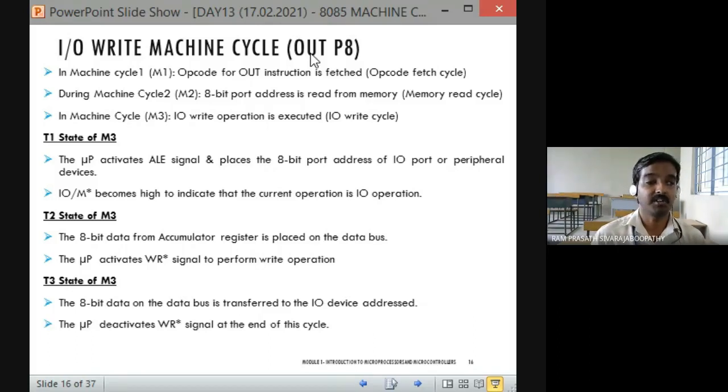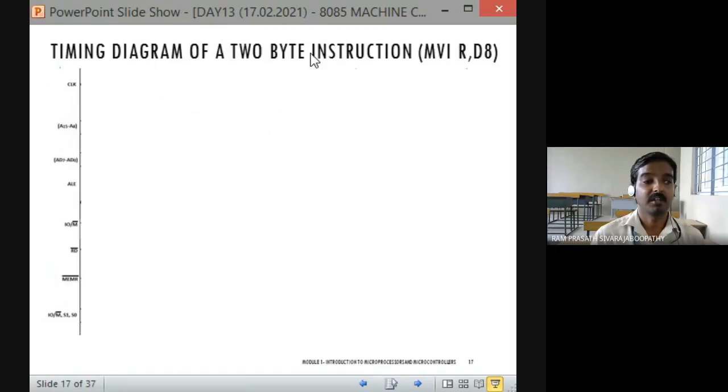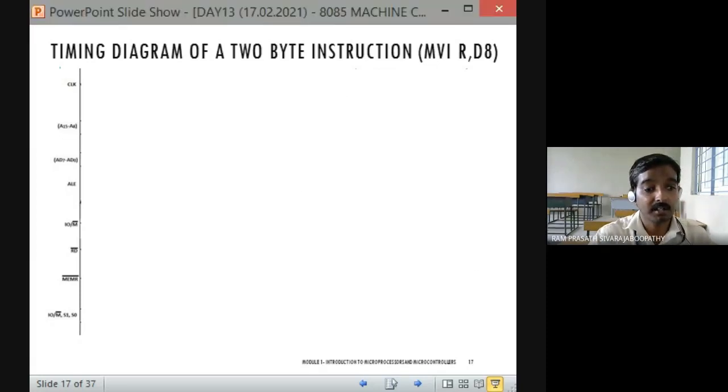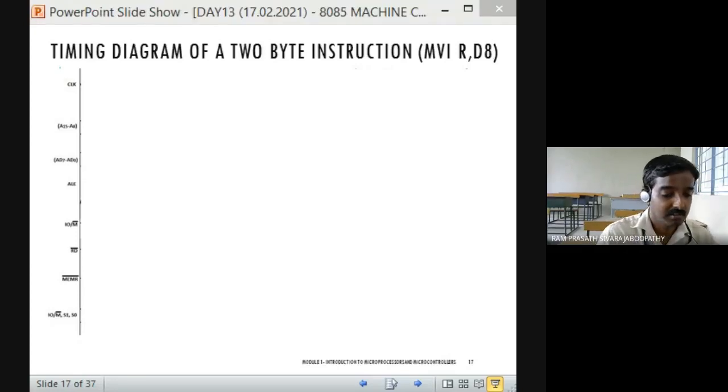Okay, so the timing diagram of a 2-byte instruction MVI R, DA. Can anybody say how many machine cycles are involved in this particular instruction cycle? MVI R, DA. We can consider MVI A, 77H as the example.